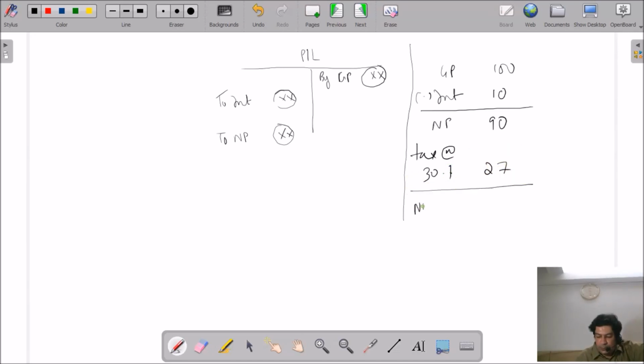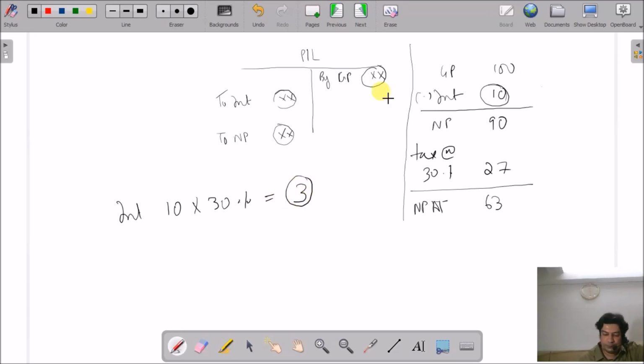So your net profit after tax will be 90 minus 27, which is 63 rupees. Now what has happened is that on this 10 rupees you have got some tax saving. Say interest is 10 at the rate of 30% tax rate, so the tax saving is 3 rupees.